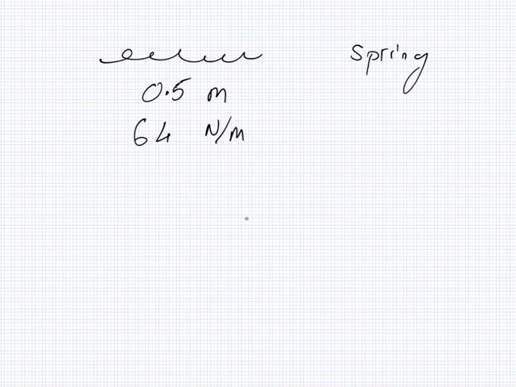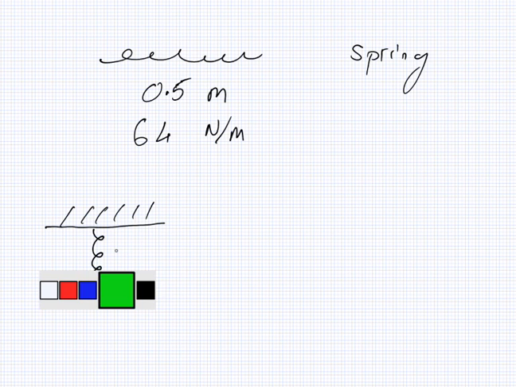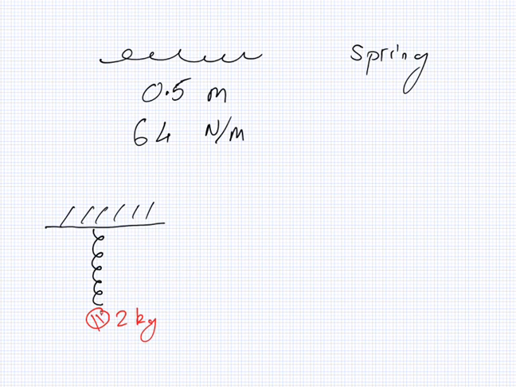So what I'm going to do is take this, put it on the ceiling, and then put a 2 kilogram mass here. And it will stretch down. My question is, what will be the length of the spring after you put the mass of 2 kilograms on it?